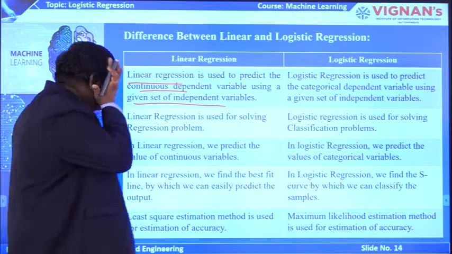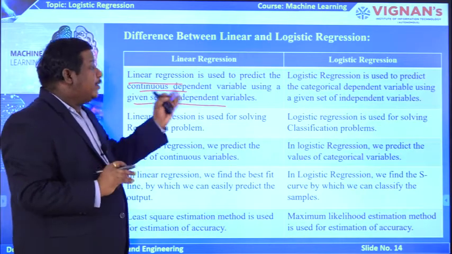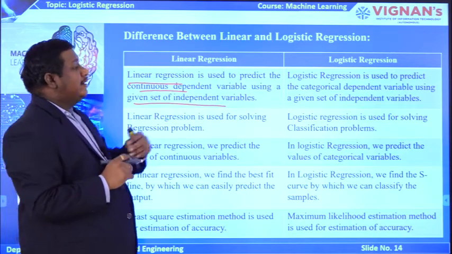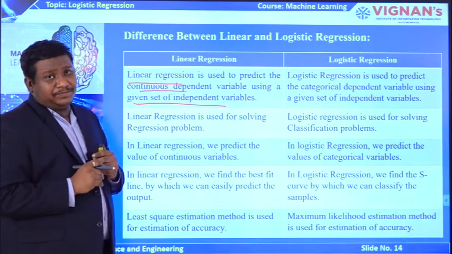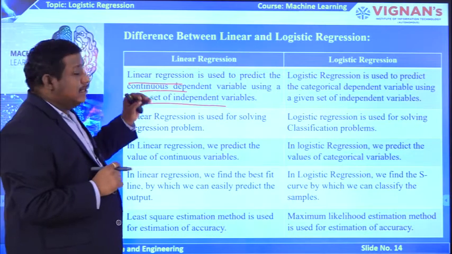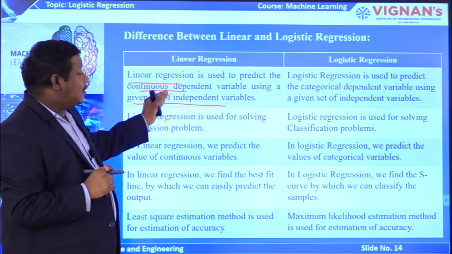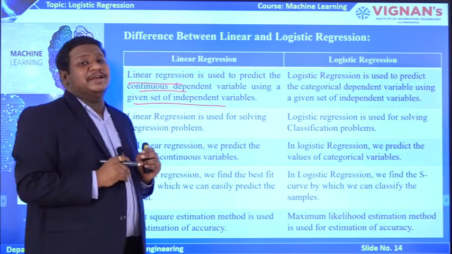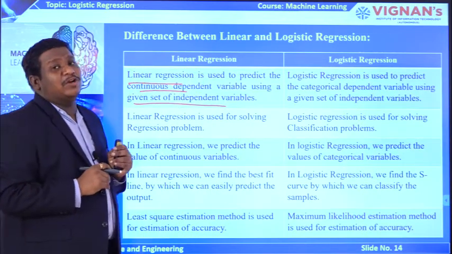So, basically linear regression is used to predict continuous values, whereas logistic regression is used to predict categorical dependent variables.